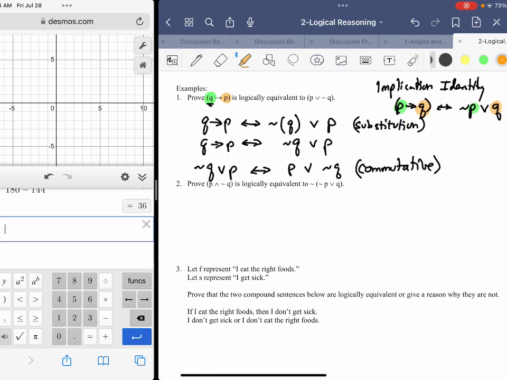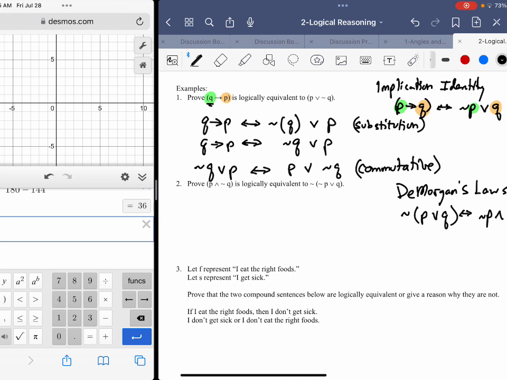All right. So De Morgan's laws again. If I negate P or Q, it'll become not P and not Q. So I might want to try a substitution on that.